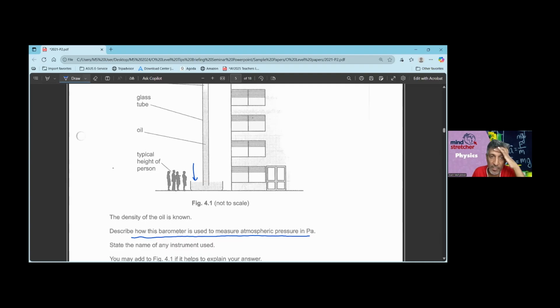What actually happens is atmospheric pressure exerts X on the surface, and that is also equal to the pressure from the height of the column. Normally we use a mercury barometer, but in this case, they are using oil. Because the density of the oil is smaller than mercury, it gives you a very tall barometer.